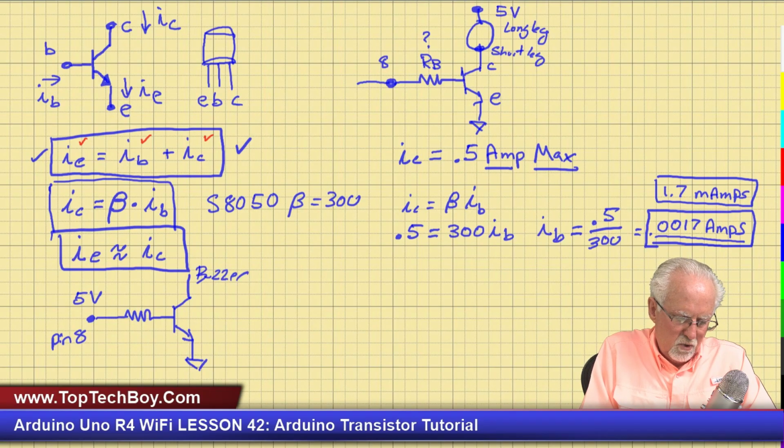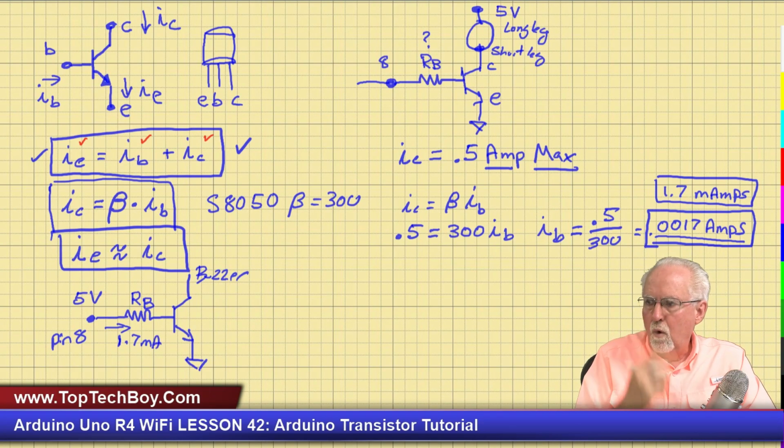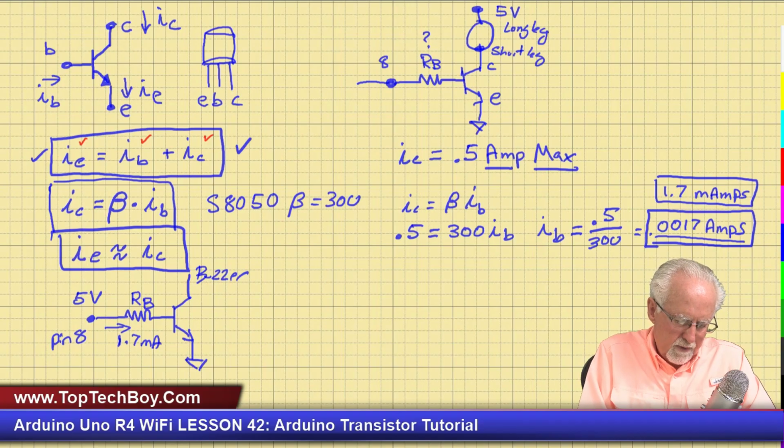All right, so now the question is, what value of RB do we need in order to get 1.7 milliamps? I've got to choose an RB. Well, what is the voltage drop across this resistor?